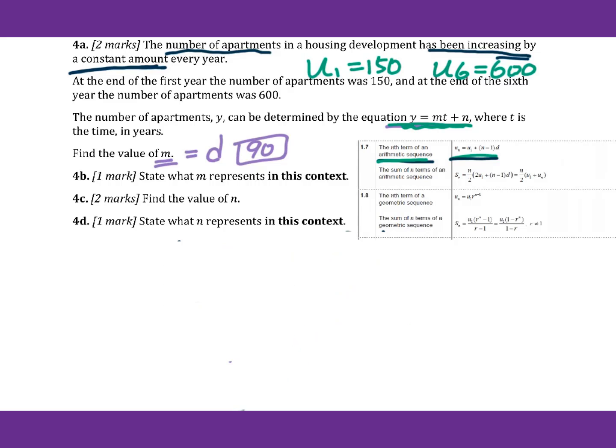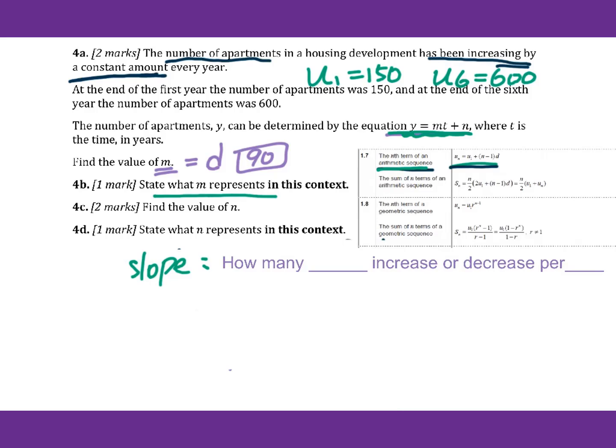Look at the 4b. State what m represents in this context. You cannot say this is a common difference. You have to say what does this m represent in this problem. We know this m is a slope. So when you write down the meaning for slope, use this pattern: how many blank increase or decrease per blank?